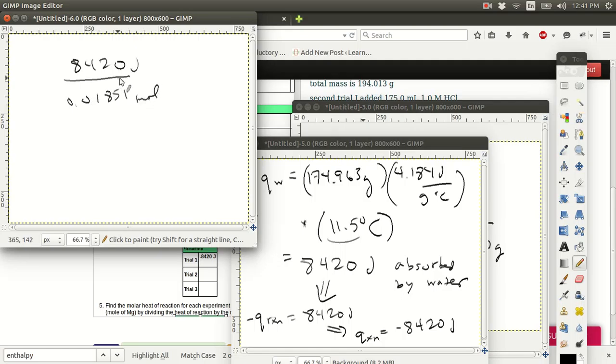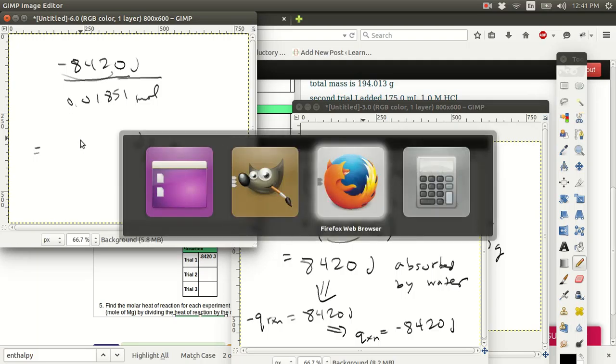So this was joules. So this is actually negative. So now this is the molar enthalpy of the reaction. That is the enthalpy of the reaction in 1 mole. So when I divide this, I will get it for 1 mole. Units will be joules over moles, as you see here. And this is 3 significant figures. So the answer should also be in 3 significant figures.